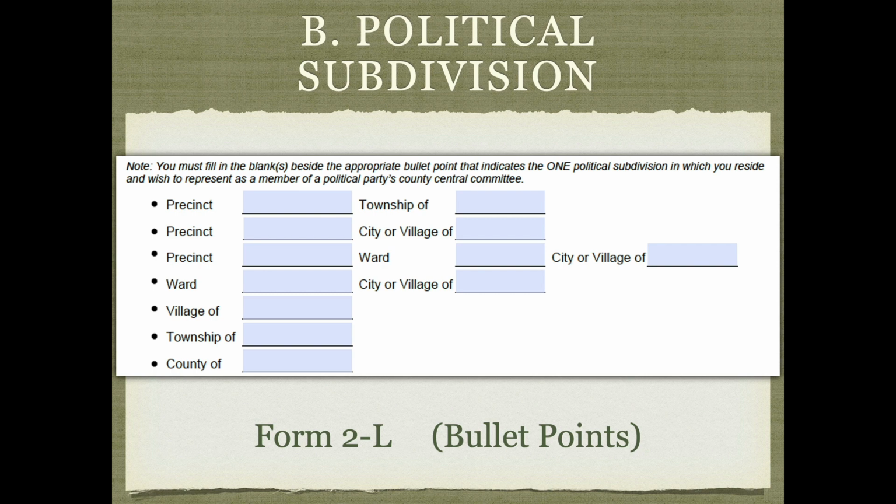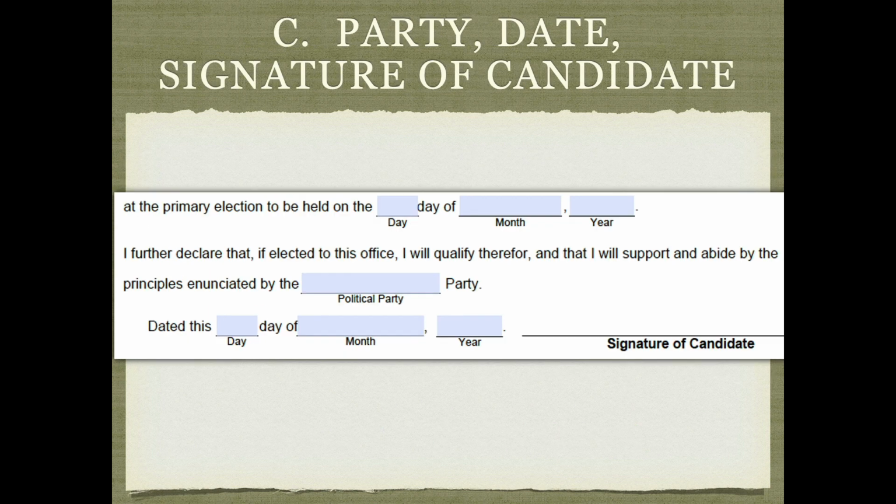If you live in Perry Township, use the sixth bullet point, Township of Perry. Do not use the seventh bullet point, County of blank. After the bullet points, make sure you fill in the date of the primary election and then complete the section by filling in your party, the current date, and your signature.